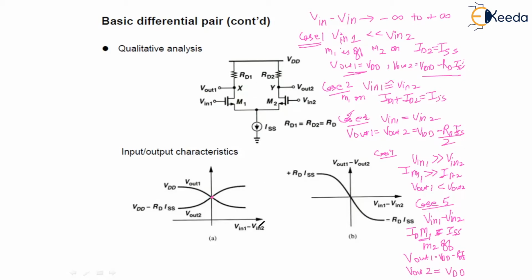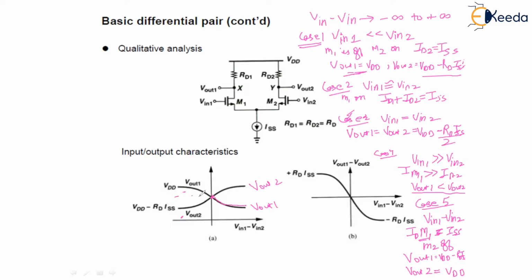When Vin1 minus Vin2 is positive, on this positive side, this is Vout1 and this is Vout2, and Vout1 is less than Vout2, satisfying this condition. And when this difference is negative, then Vout2 is less than Vout1.